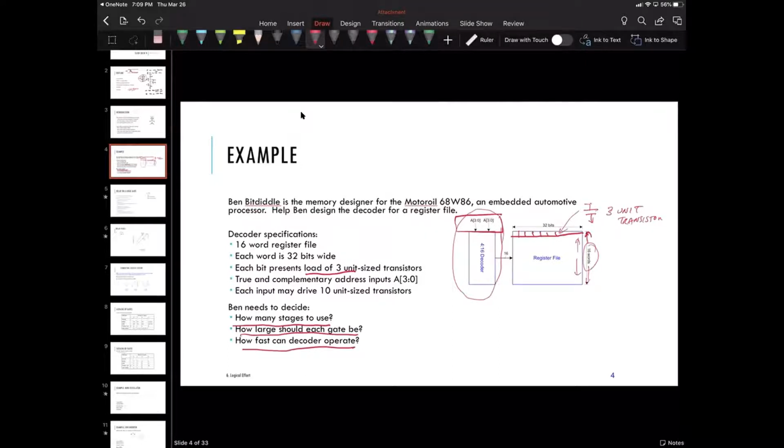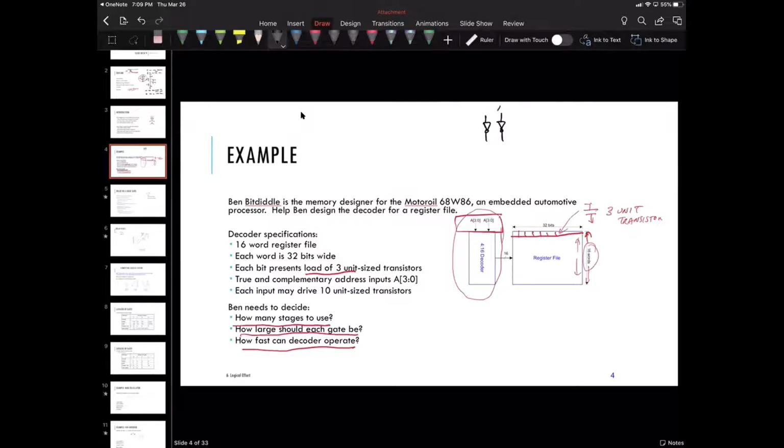So now we've got a decoder to deal with, and here's what a decoder kind of looks like. Boy, this will be an interesting exercise to try to draw this thing. Hopefully this is readable for you guys, hopefully it's not too small.